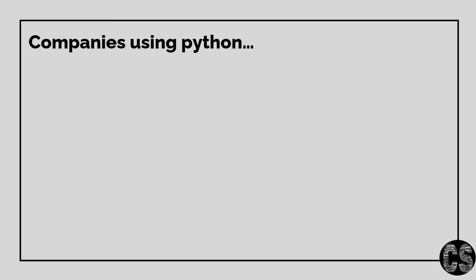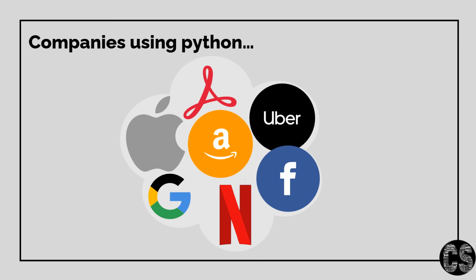Now let's see the companies that are using Python today. As you can see, all of the major tech giants, whether service based or product based, are using Python to get their everyday job done. When we are going for a new product launch or when we are solving existing problems in the app, Python is the language that is used to script them.